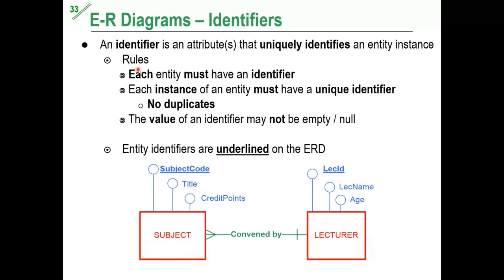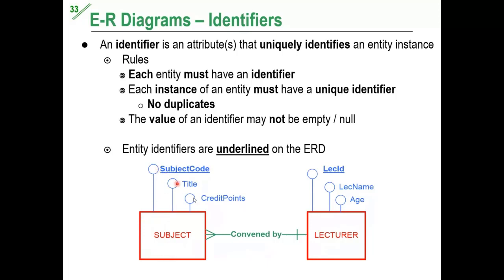There are certain rules associated with identifiers. Each entity must have an identifier, and that identifier has to be unique. You can't have any duplicate values. If you have the same subject codes repeated, that is not an identifier.